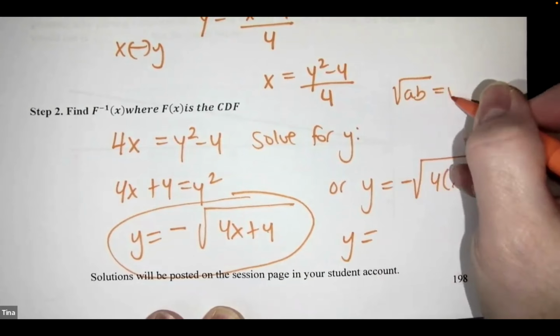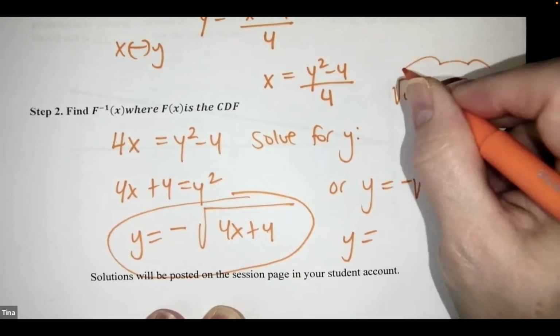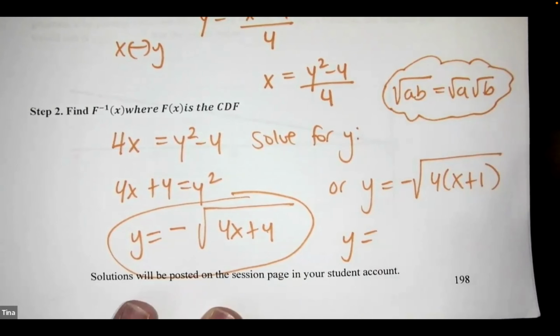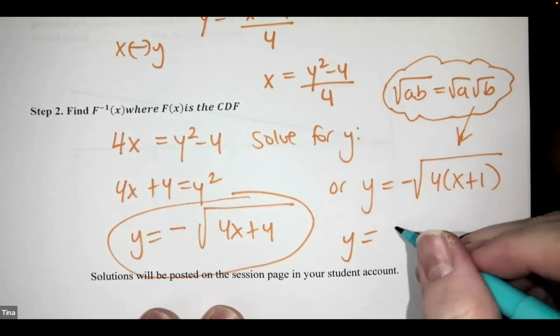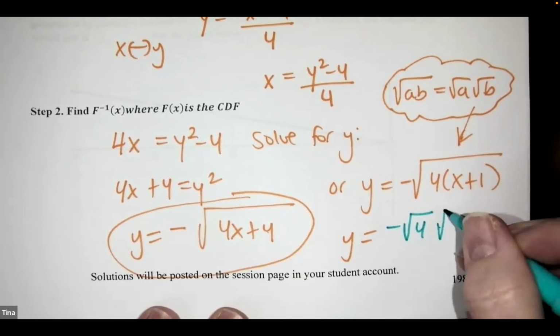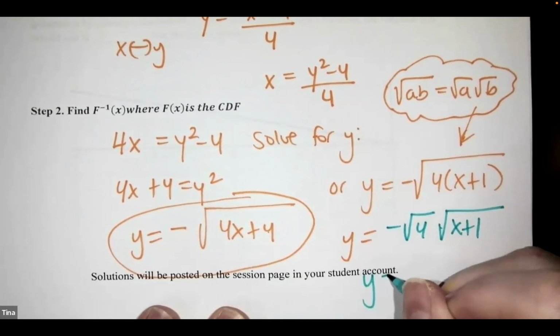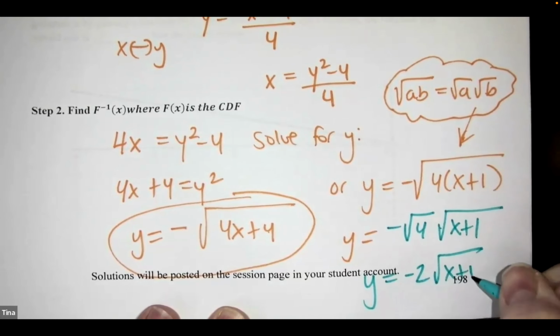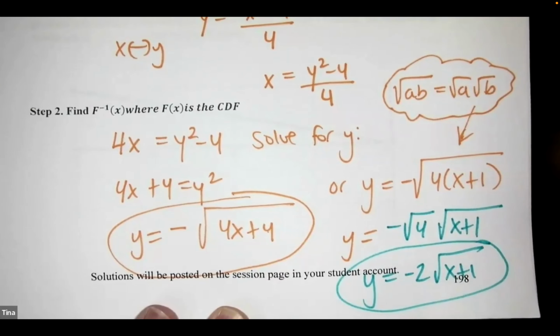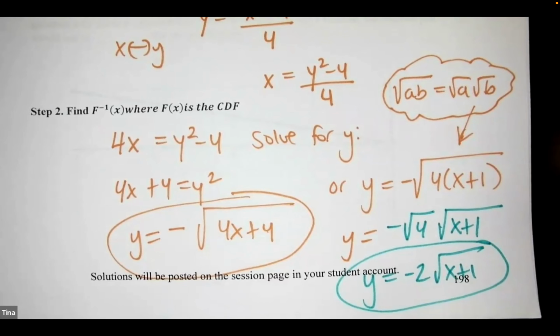Remember that the root of a times b is root a times root b. That works for products and quotients of roots. So we could, for example, say this is negative times root 4 times root x plus 1, or negative 2 root x plus 1.